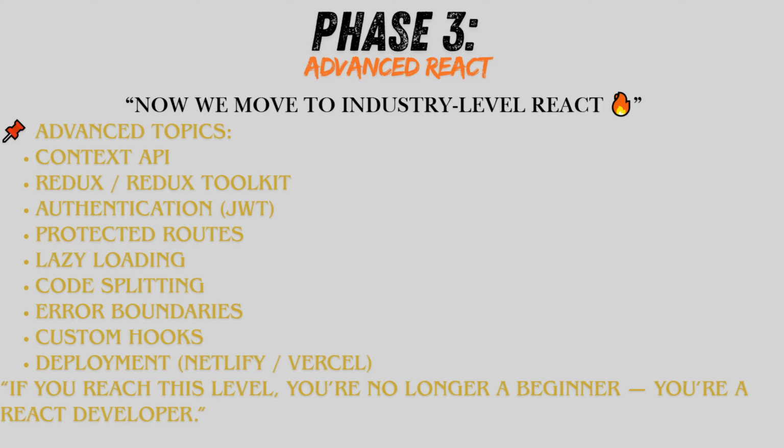In the advanced topics there is the context API: how you store some information and deliver that information to different components, sub components and child components, and how you manage the state of those variables, or you can say objects. That we will learn in the context API. Redux and Redux Toolkit: this is an important toolkit, externally installed in your React.js, so that's why we call it the Redux Toolkit.